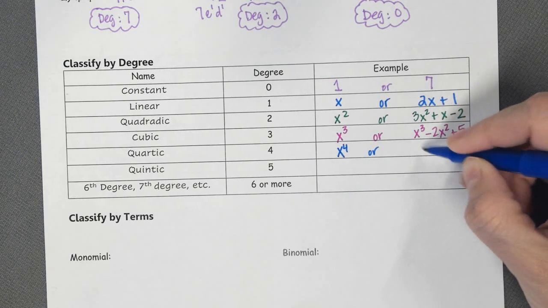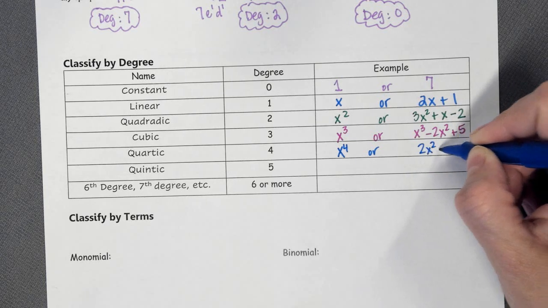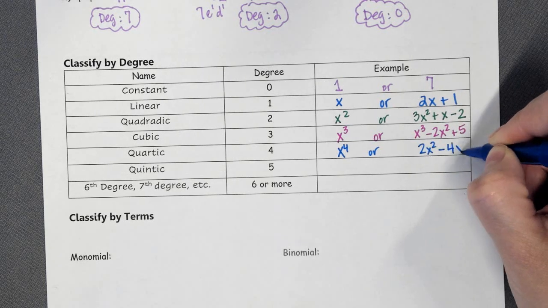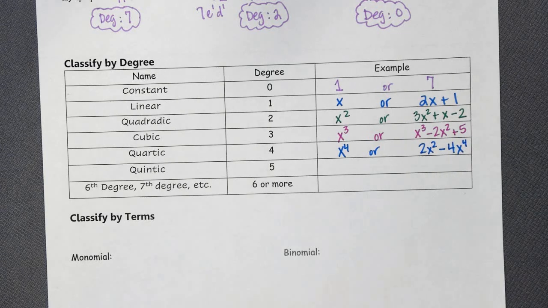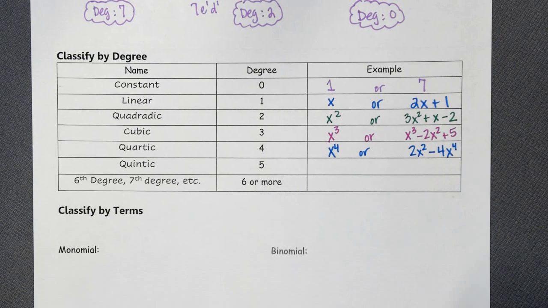Usually when you see them, the exponent is in the front, but you could also have one like this, where you have the 4 in the back. As long as there's an exponent of 4 in it, and that's your highest exponent, that's what you're going to have there.